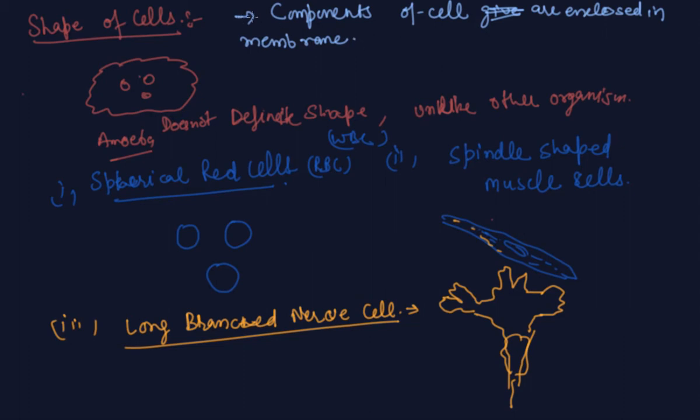This is the main reason how the shape of the cell differs. I hope you are pretty clear about how the shape of the cell varies.